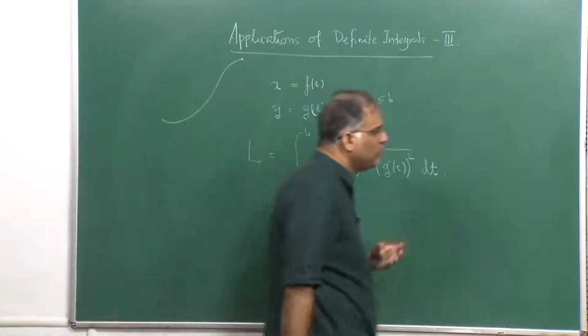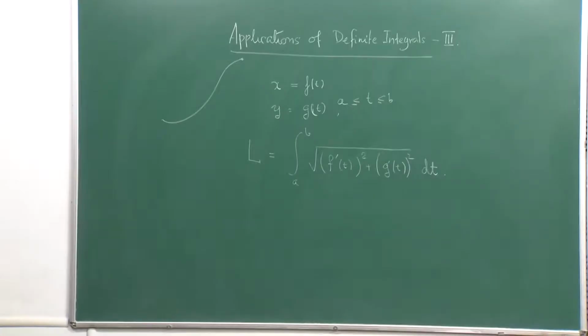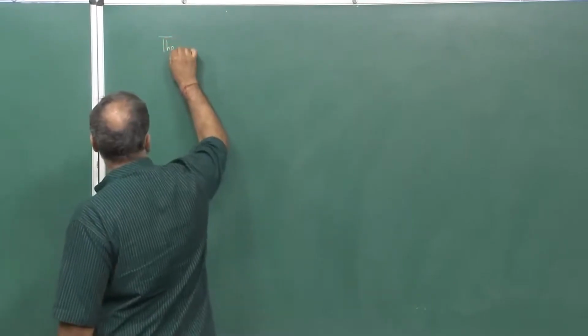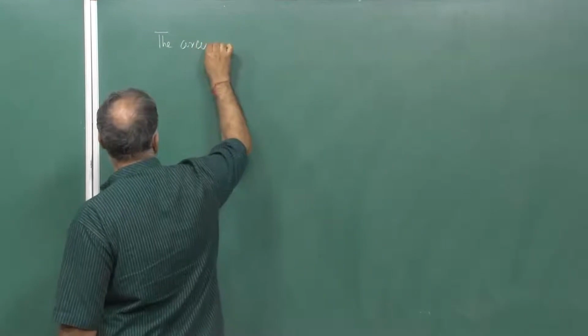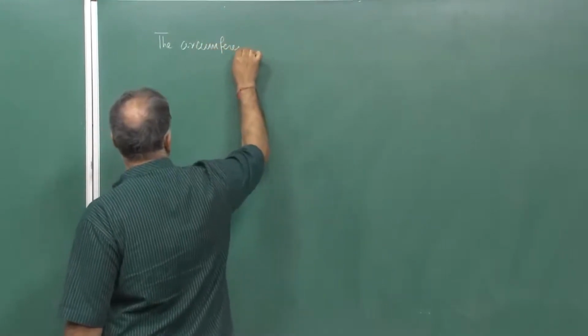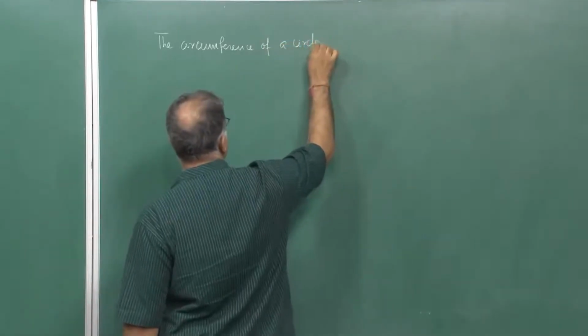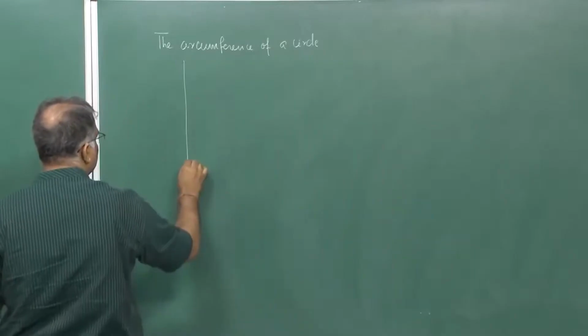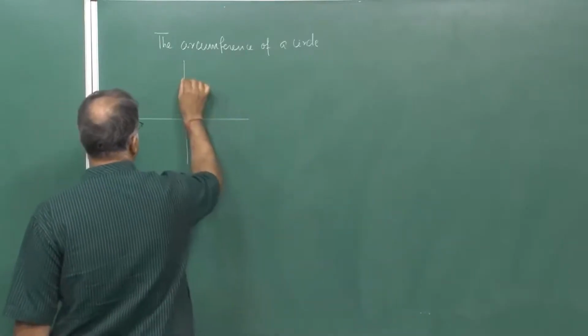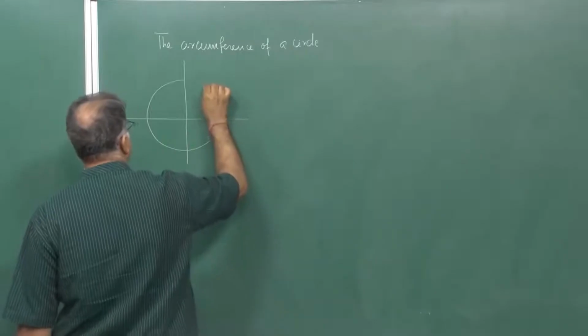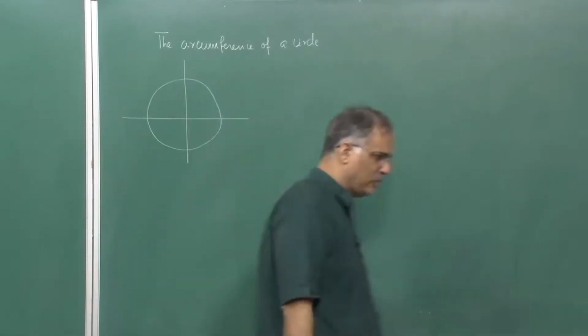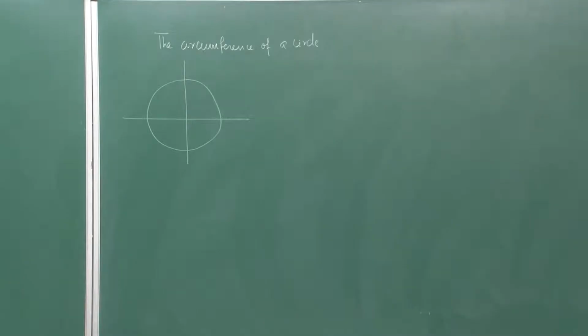So, first you start with the simplest object of all, but the most intriguing object of all, the circle. So, the circumference of a circle. Let us try to draw it. So, here is a circle, say of radius r.